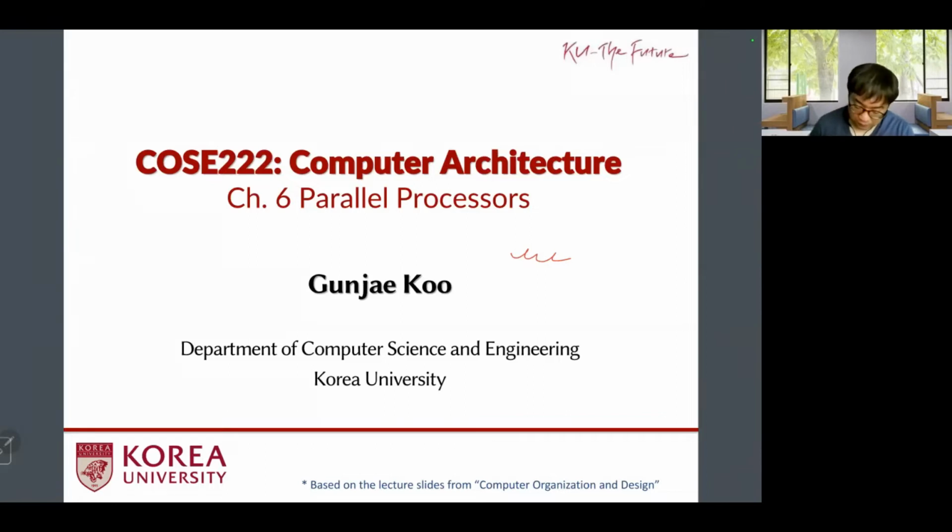Okay, so recently most CPUs are multi-core CPUs, which means that in a single chip, there are multiple cores. Then what is the core? What is the core when we mention multi-core architecture or multi-core CPUs?